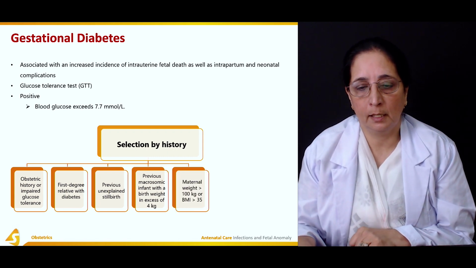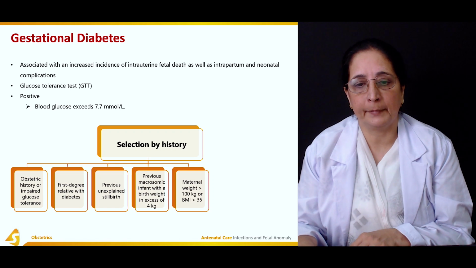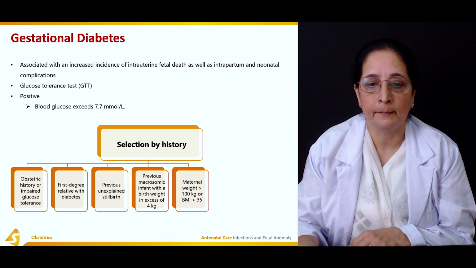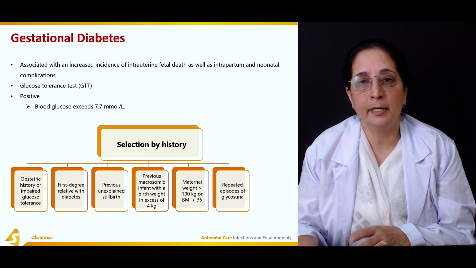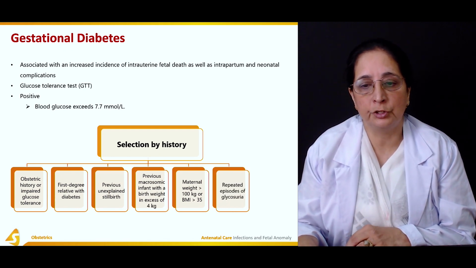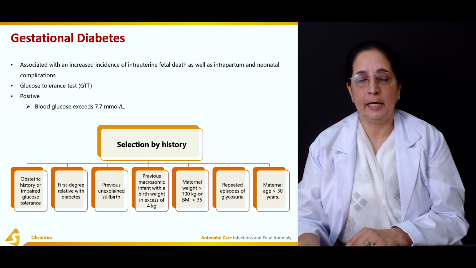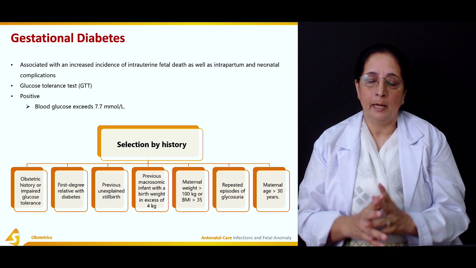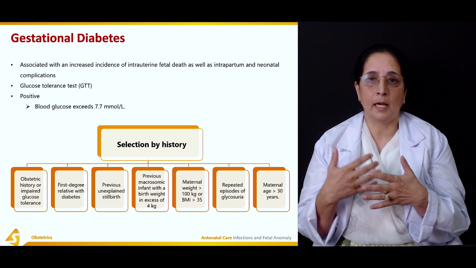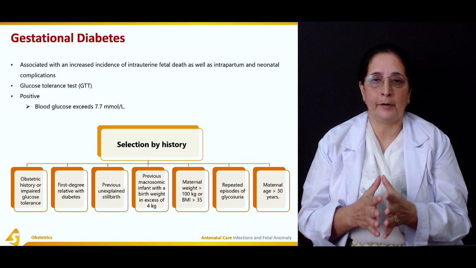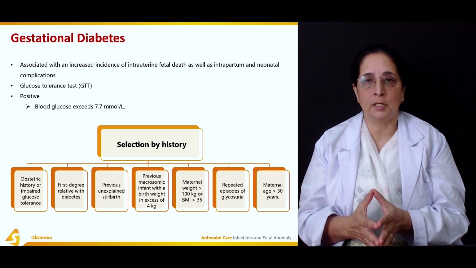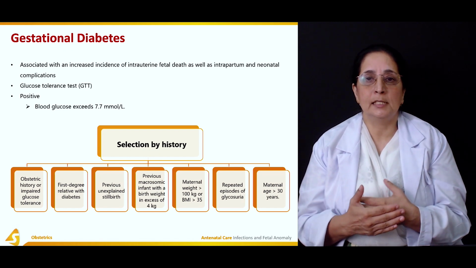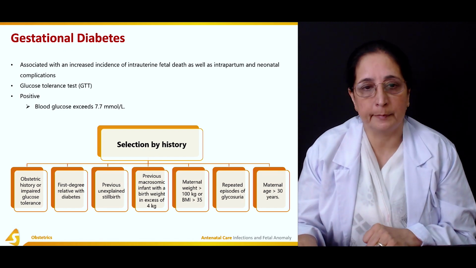Maternal weight more than 100 kilogram or body mass index more than 35. Repeated episodes of glycosuria and maternal age more than 30 years. All these are the alarming signs. If pregnant women have these features in the history, it is more likely that she can develop gestational diabetes.